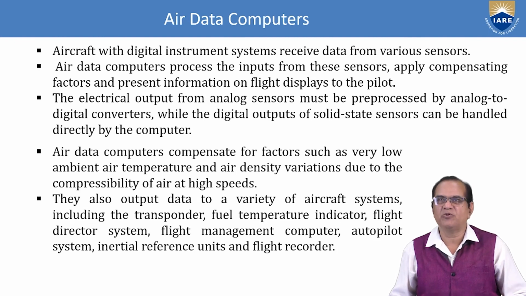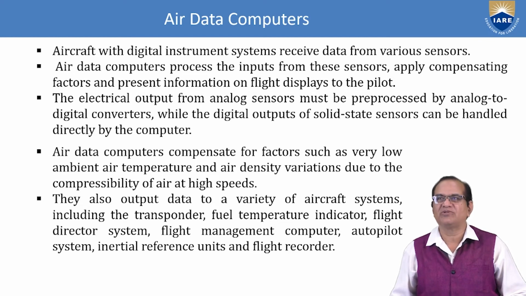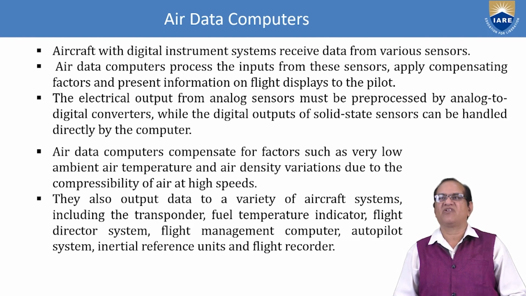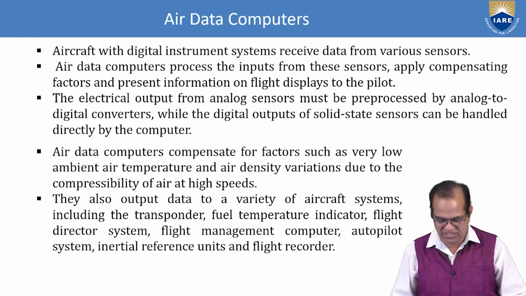The electrical output from analog sensors must be pre-processed by an analog to digital converter, while the digital output of the solid state sensor can be handled directly by the computer. Air data computers compensate for factors such as very low ambient air temperature and air density variation due to the compressibility of air at high speed.